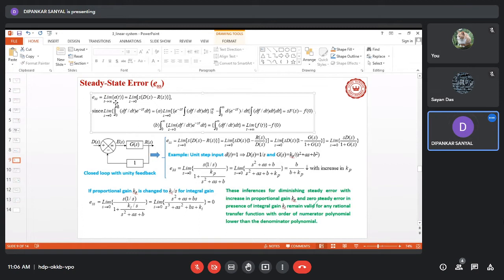Limit et is equal to es, and for es we have written ds minus rs because of this unity feedback.